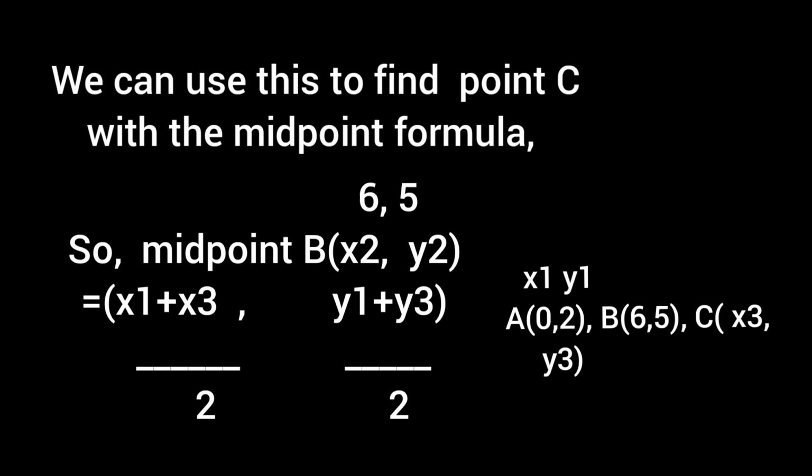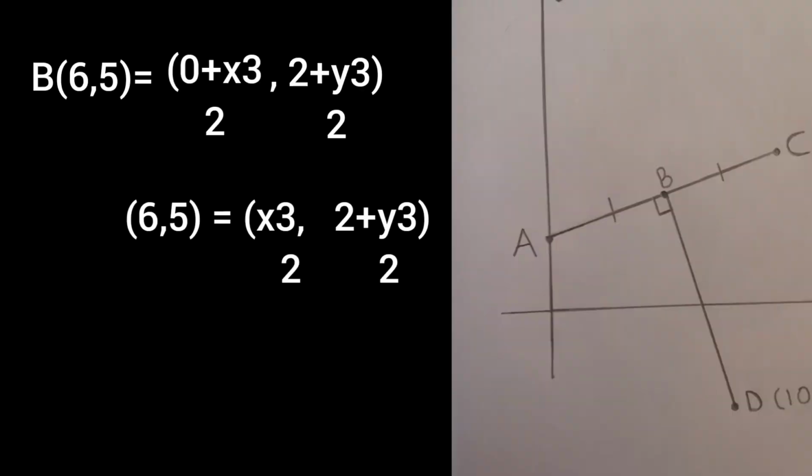Now if you feel like I'm being confusing, just feel free to go through my videos step by step. So midpoint B, which is (6, 5), equals (0 plus x3 over 2, 2 plus y3 over 2). This leaves (6, 5) equals (x3 over 2, 2 plus y3 over 2).